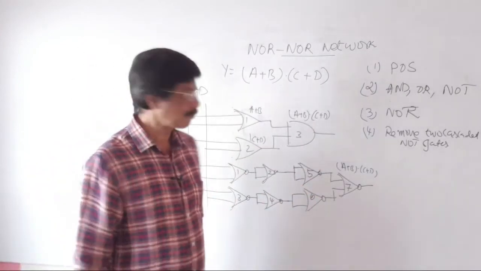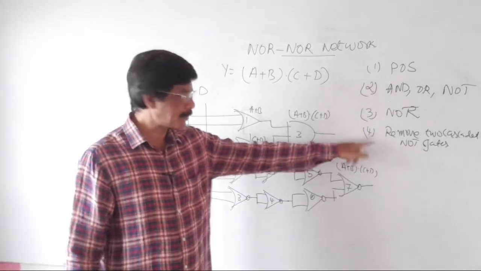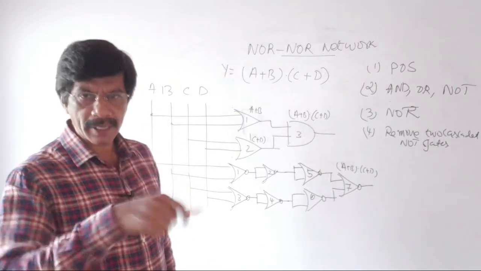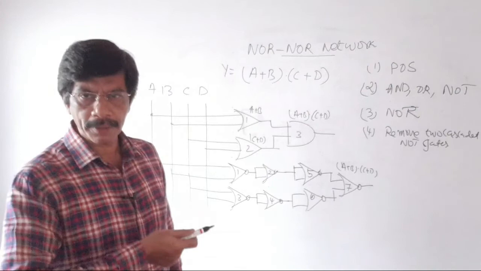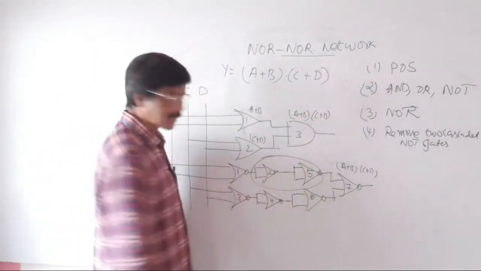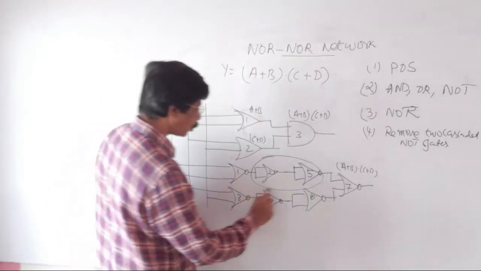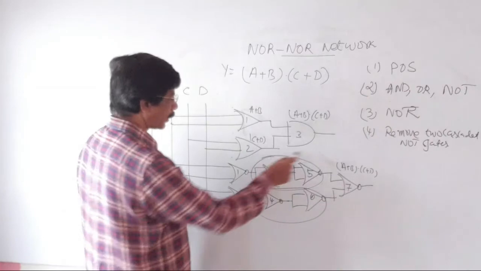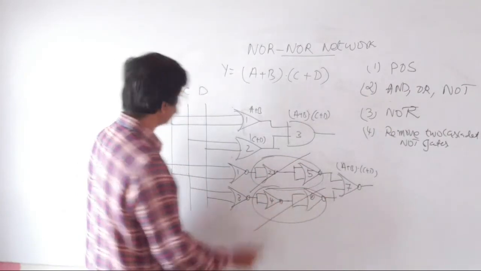That also is over. The fourth step is if two NOT gates are cascaded, that can be removed. Look at here, these two NOT gates are cascaded and here also two NOR gates are cascaded. Remove from the circuit. This is removed, this also is removed.